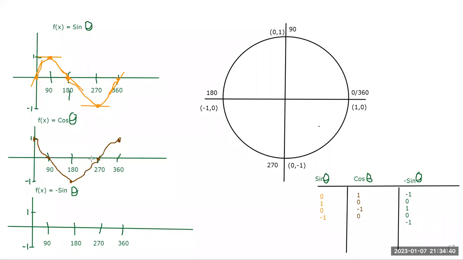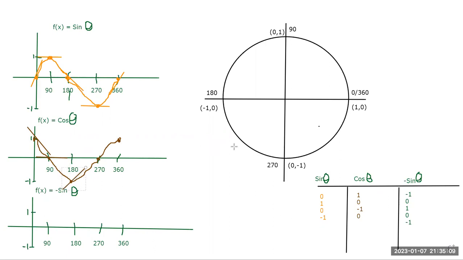At 0, it would be -1 because it's going down. At 90, it would be 0 because it stopped for a second there. And at 180, it will be positive because it's going up, or starts to go up.